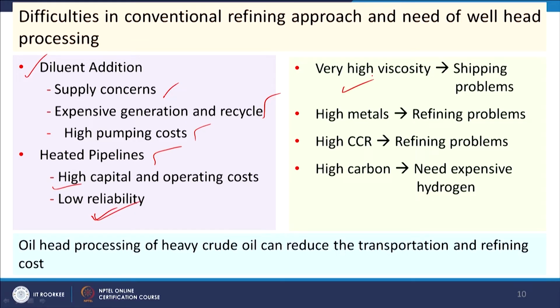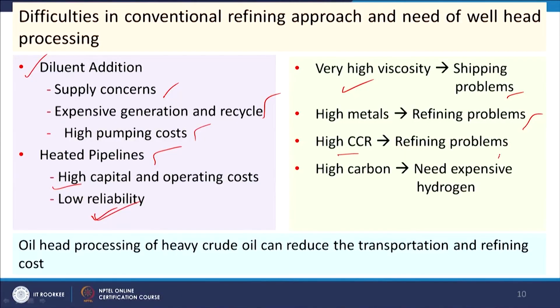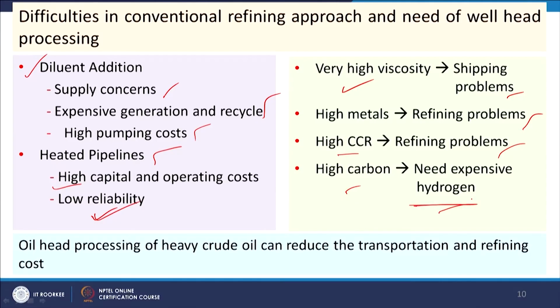So, shipping problems will arise, and high metals I have already discussed, the refining problems will be there, and high CCR again refining problems, and high carbon needs expensive hydrogenation. That hydrogenation unit is very essential for this, and this hydrogenation in the refinery is the expensive part of any refinery.